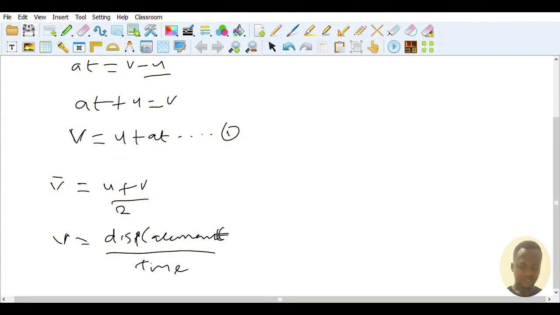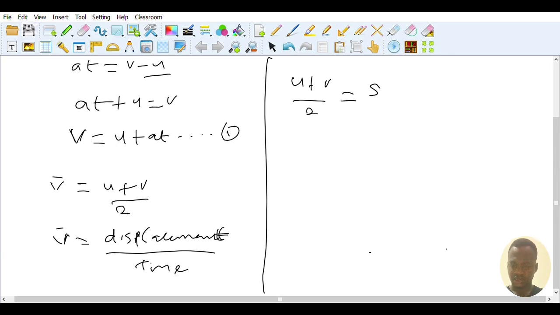So if we equate them together, we can have U plus V over 2 is equal to displacement, letter S, over T.